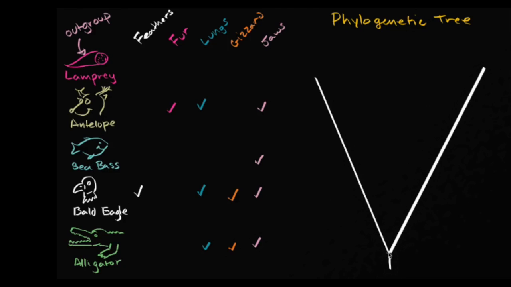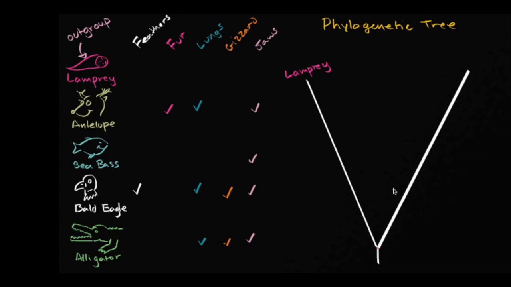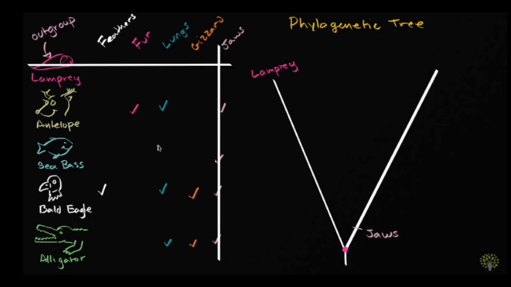So there is a common ancestor way back in time. And then from, I don't know, millions of years ago, from the common ancestor to the present time, there's a lamprey existing, and we wrote lamprey on this left branch.